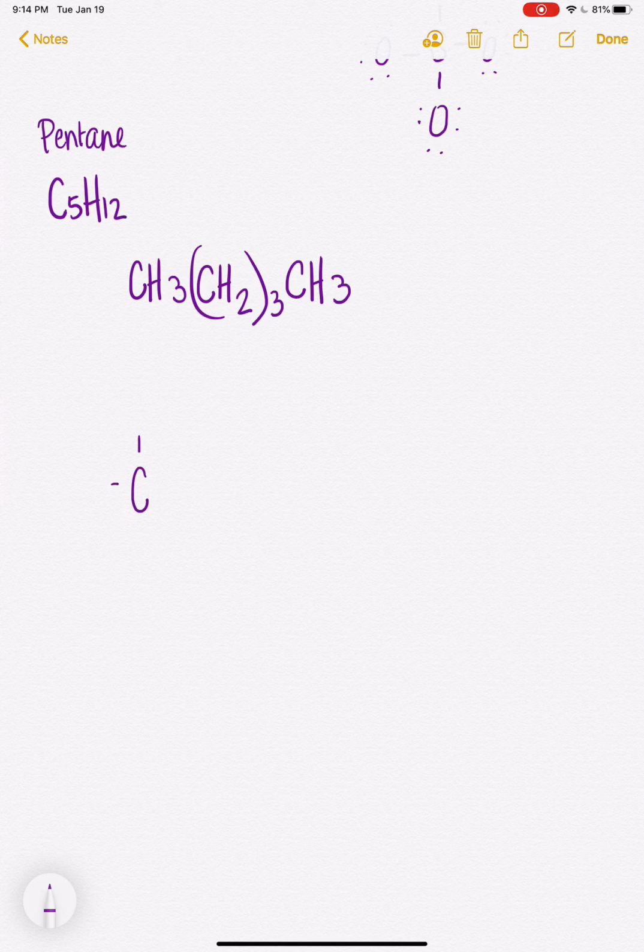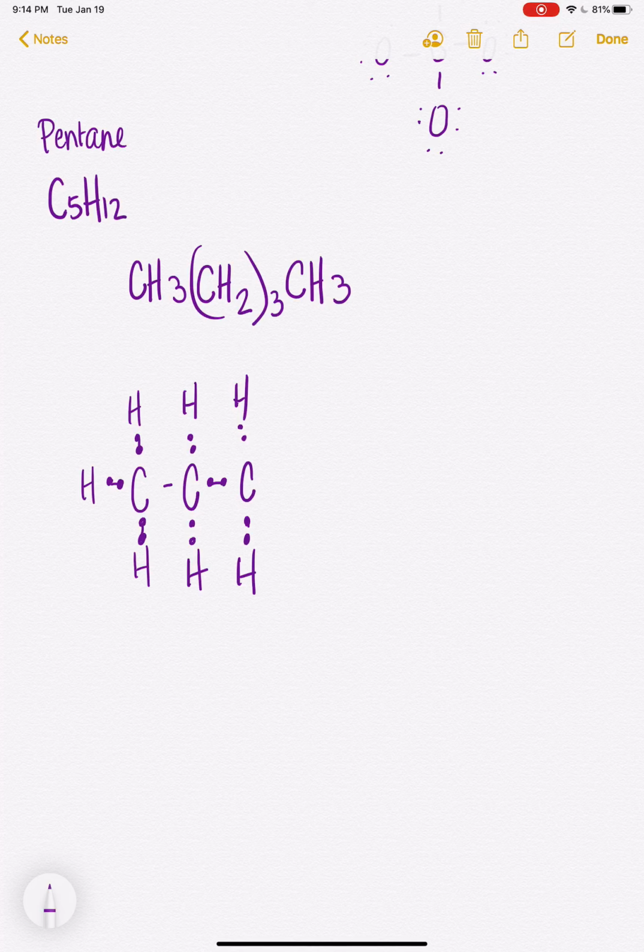I've got CH3, so I'm going to draw my CH3 there. Actually, I'm going to change these to dots for what I'm doing right now. And then I've got CH2, so I'm going to draw the CH2. And then it says I've got CH2 again. And I'm drawing these vertical here.